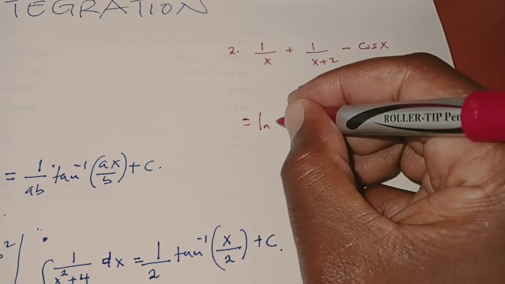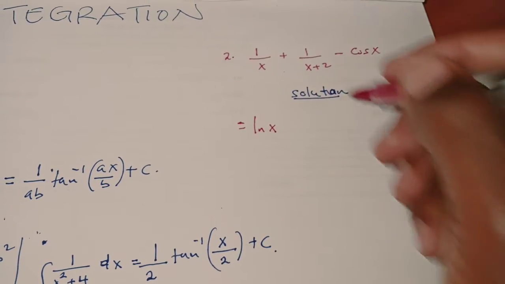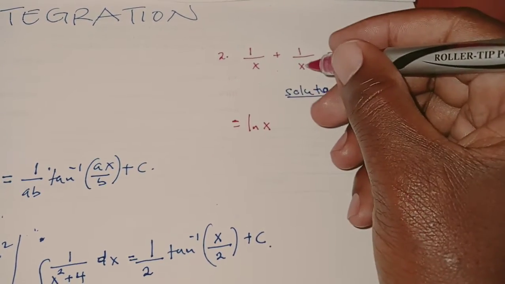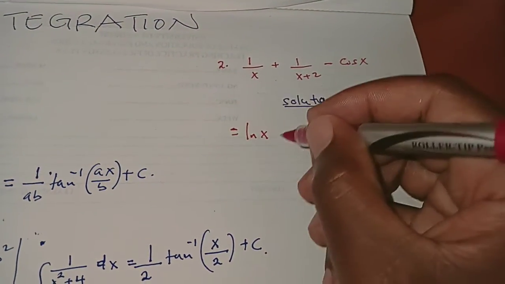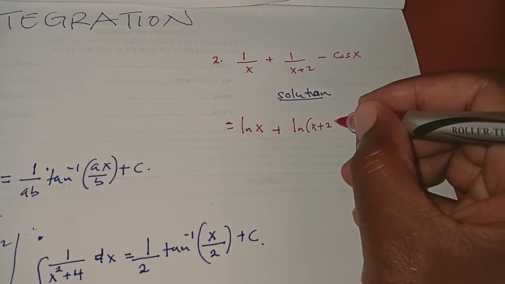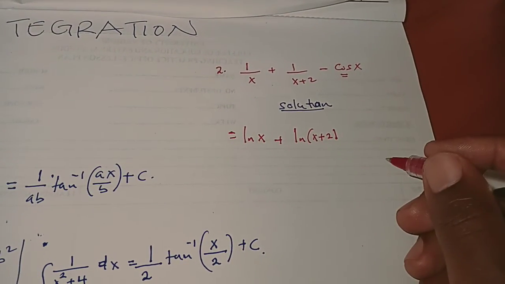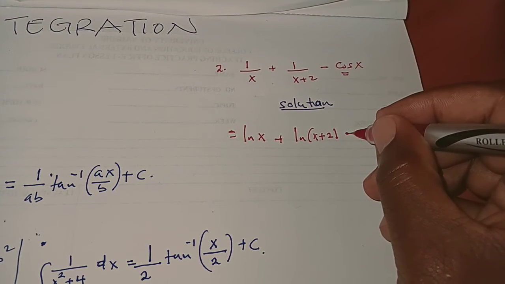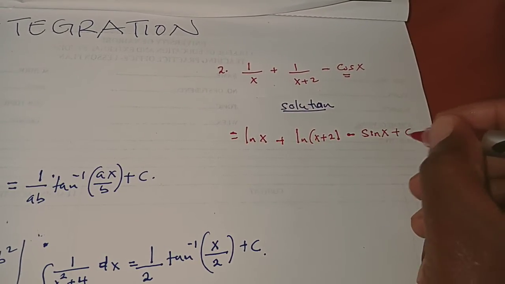The integral of this one is like you take also the natural log, but because the coefficient of x here is 1, it will also turn out to be natural log of x plus 2. And then the integral of this cosine of x here is sine of x, so it becomes sine of x plus a constant.